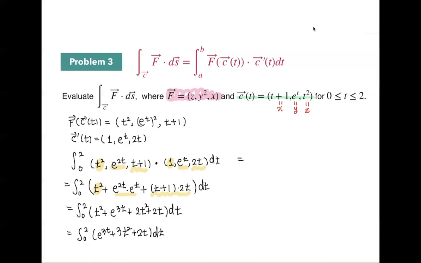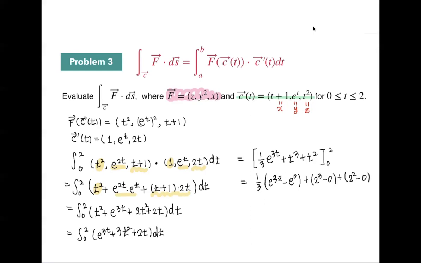Then it is e to the 3t times 1 over 3 plus t cubed plus t squared. So from 0 to 2, we get 1 over 3 times e to the 3 times 2 minus e to the 0, plus 2 cubed minus 0, plus 2 squared minus 0. So it is 1 over 3 times e to the 6 minus 1 over 3 plus 8 plus 4.